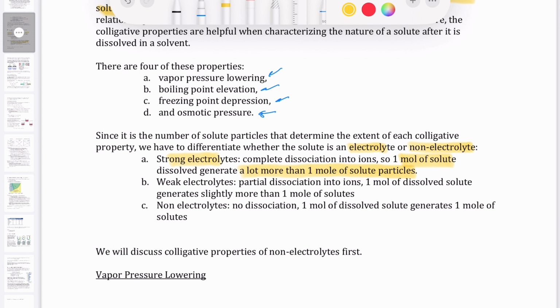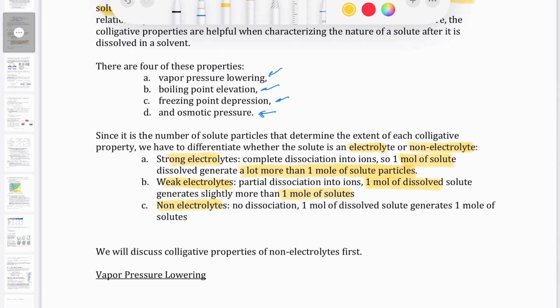We know this from our discussion of strong electrolytes, which are soluble salts, strong acids, or strong bases in General Chemistry 1. Weak electrolytes partially dissociate to produce an additional number of ions. So if you have 1 mole dissolved, you're still going to produce more than 1 mole, just not as much as the strong electrolyte.